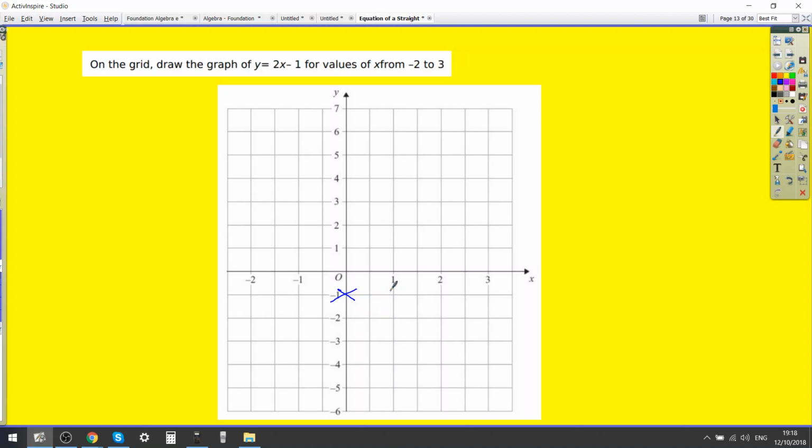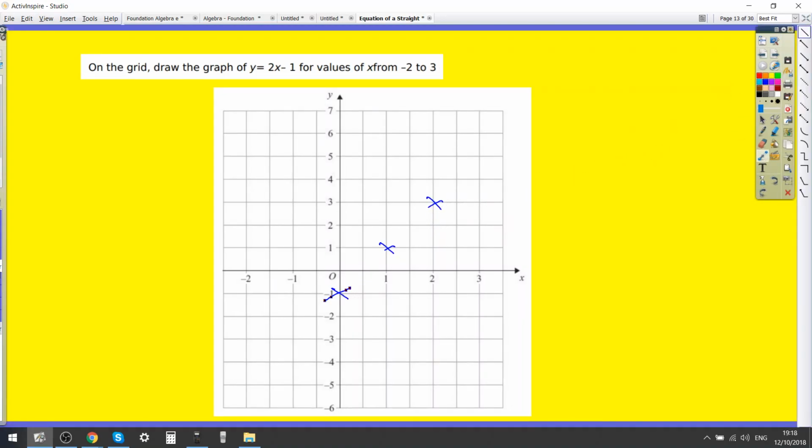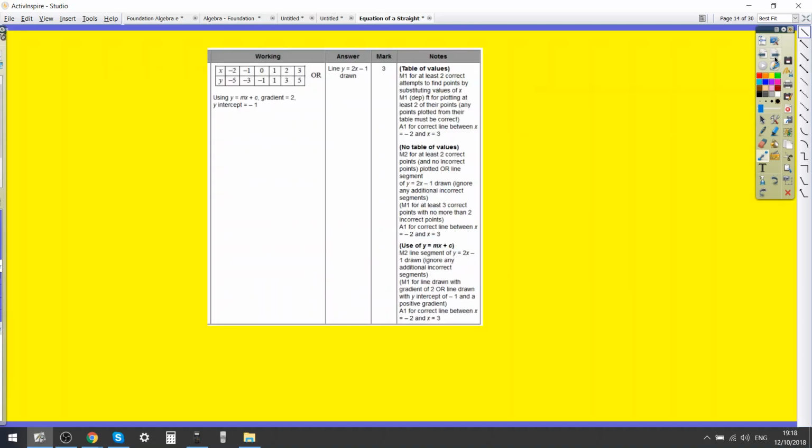Yeah, so I'll go 1 right and then 2 up, and that's all you need. You've got 2 points, and you can just draw the line for the whole thing. Yeah. So what do they want that to stop at 3 and go all the way down to, what was it, -2? Okay, there we go. So just different methods.